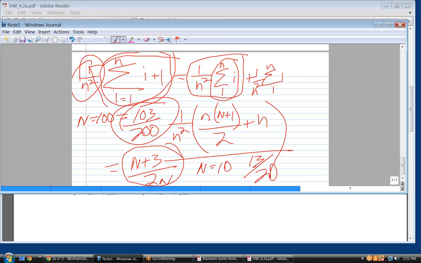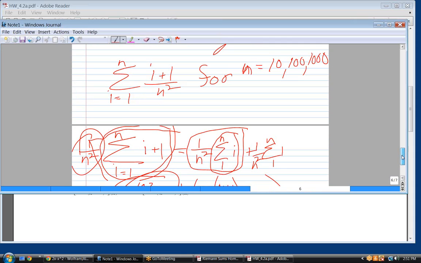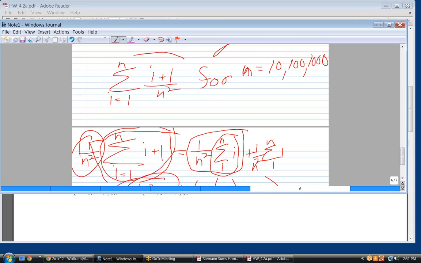Now, let's say that we wanted to know what the sum of this function was when n goes to infinity, because most series are infinite series. And as you get further into calculus, the C part of Calc BC has to do with infinite series.